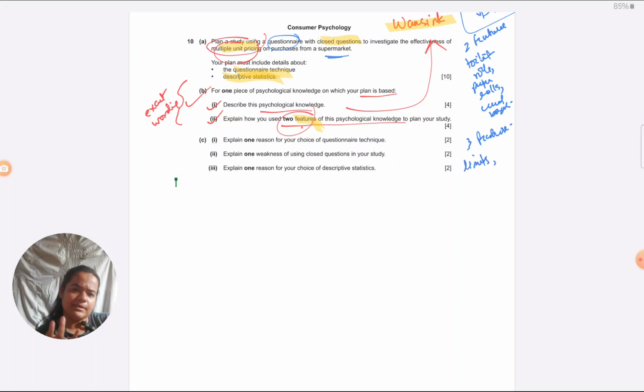He also manipulated external and internal anchors. He also manipulated whether discounts were being offered. I would like to include these features in some of the filler questions that I'm going to design for my questionnaire. Now, the main questionnaire has to be about MUP, multiple unit pricing, no doubt. That's what I have to design my main questions on.